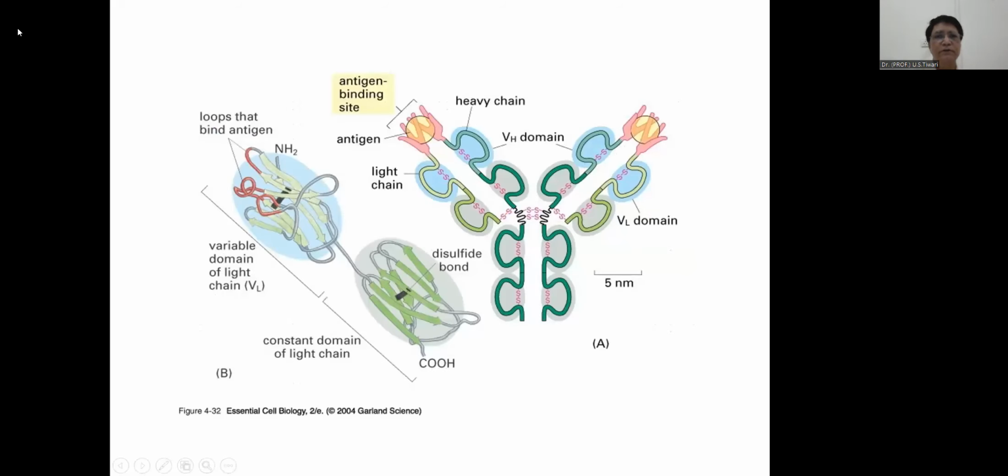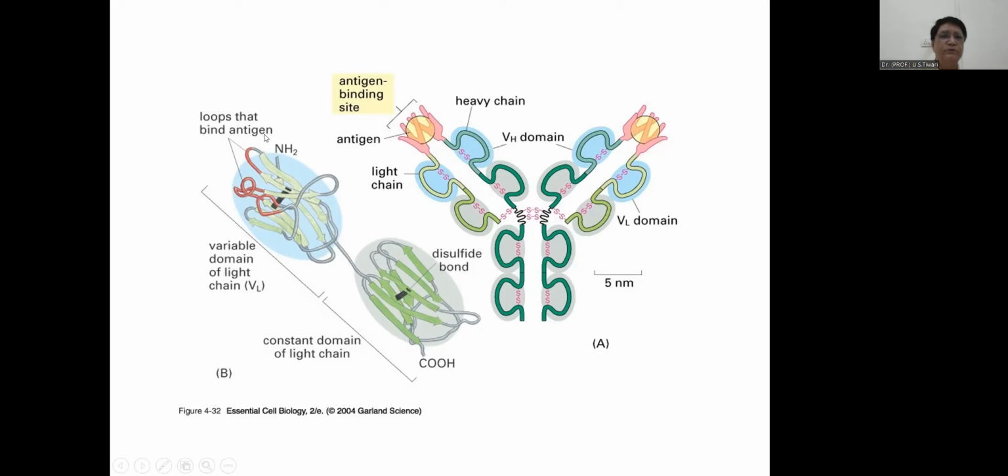If you look at the light chain and the heavy chain as we enlarge it further, this is the heavy chain, and in the head there is the antigen binding site, right? This is the antigen binding site, and following this antigen binding, the subsequent chain of reactions starts.